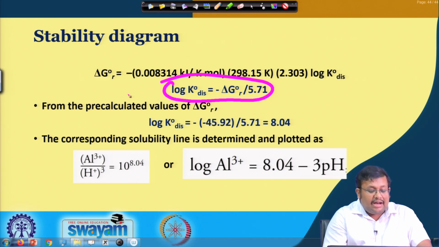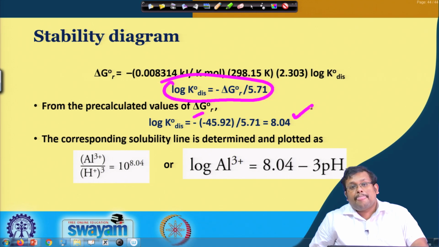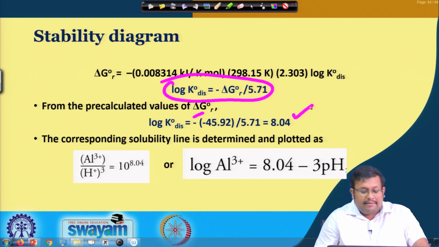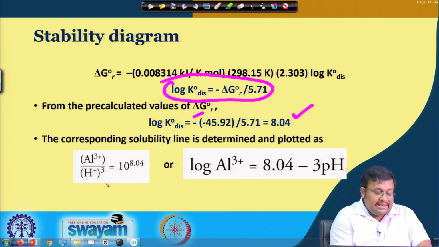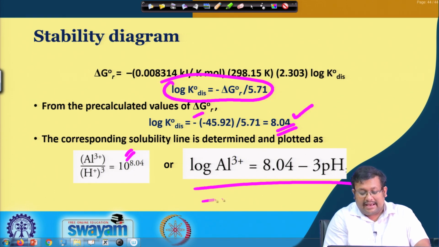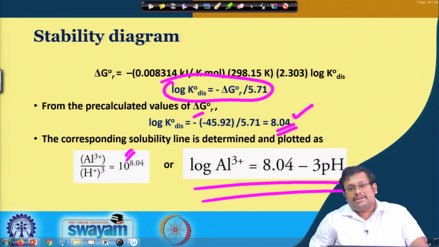For the pre-calculated value of delta G0R, we know that the value will be 8.04. The corresponding solubility line is determined and plotted as this. So, we can see that once we calculate this log value of K0, we can express this straight line equation.